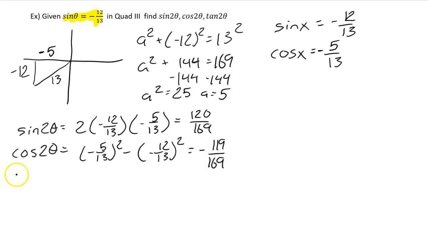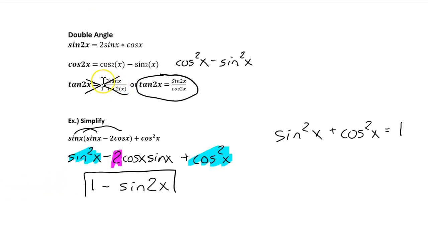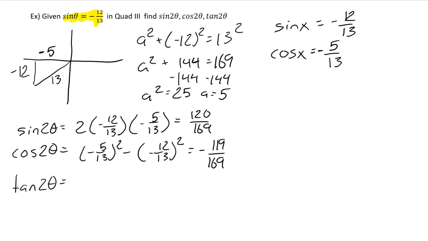And then finally, tangent. Remember, I told y'all there are 2 tangent formulas for the double angle, but we didn't want to use this one because it's going to be a lot harder for us. All we want to focus on is sine over cosine. And since we've already found those values, we can just take sine of the double angle over cosine of the double angle, which is 120 over 169 over negative 119 over 169.